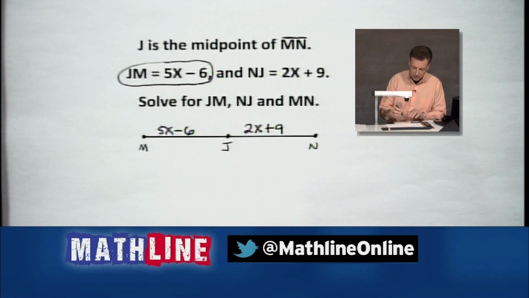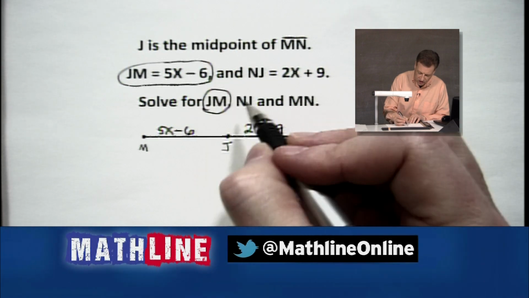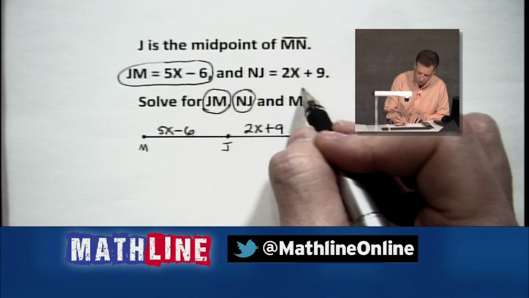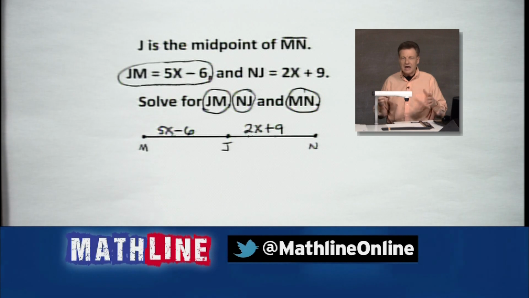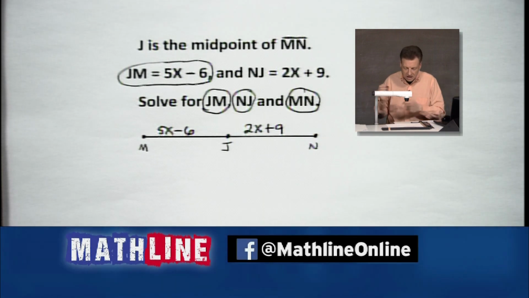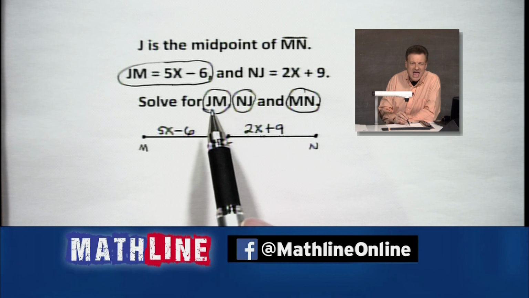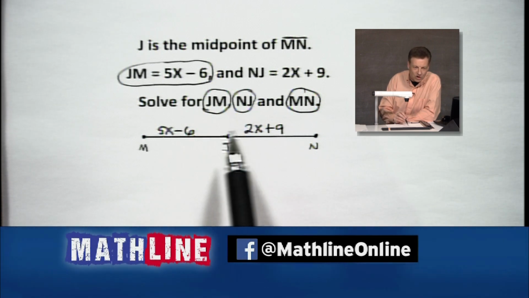Now, notice what we want to do. We want to figure out what is JM, what is NJ, what is MN, and I don't want it just in terms of x. I already know what it is in terms of x. I just have to add these two together, and I'd say I've got the whole MN. What we want to do is actually get a value, a number that works here.